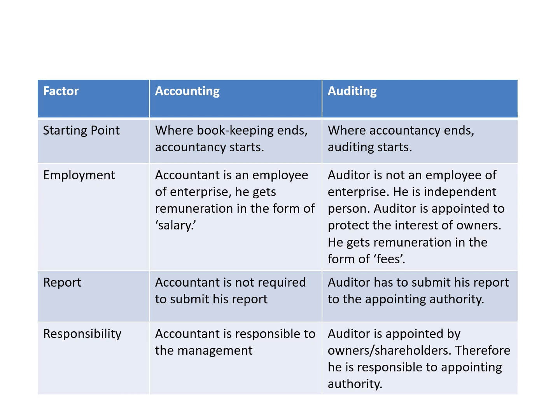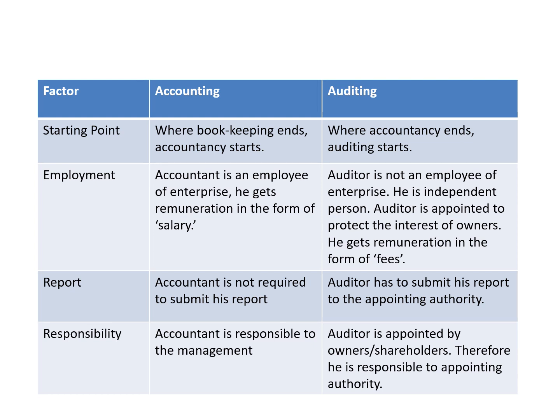Employment. Accountant is an employee of the enterprise or organization. An accountant gets remuneration of his work in the form of salary. So, an accountant is an employee of the organization.